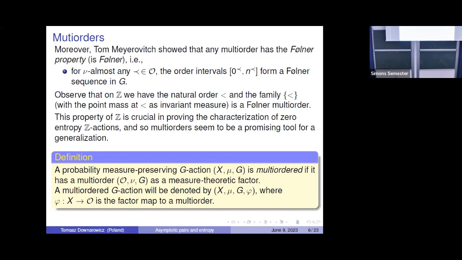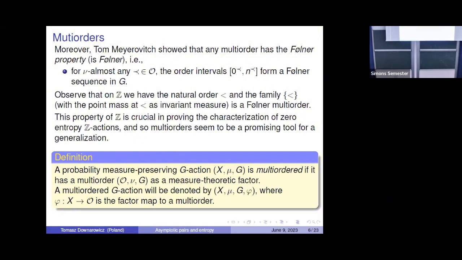We start by defining a multi-ordered measure preserving transformation, which means that there is a factor by some transformation phi from our space to a multi-order. So a system is multi-ordered if it has a multi-order as a measure theoretic factor. This is very convenient because then to every point you associate some order of type Z. That means your orbit can be ordered like Z. And to those who are familiar with orbit equivalence, this should ring a bell.